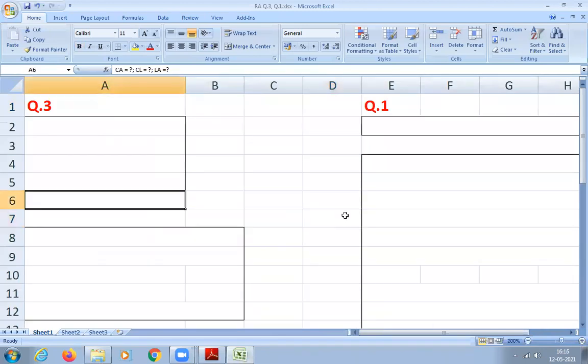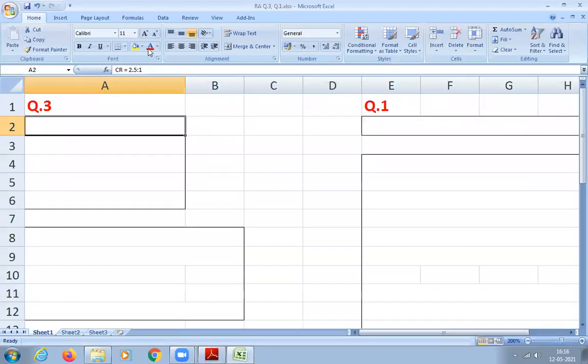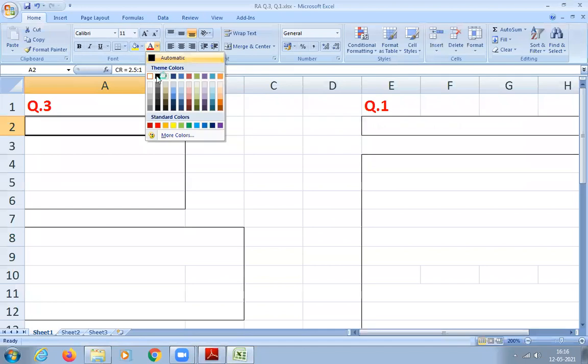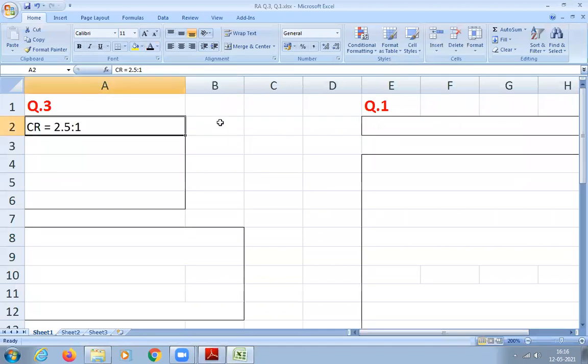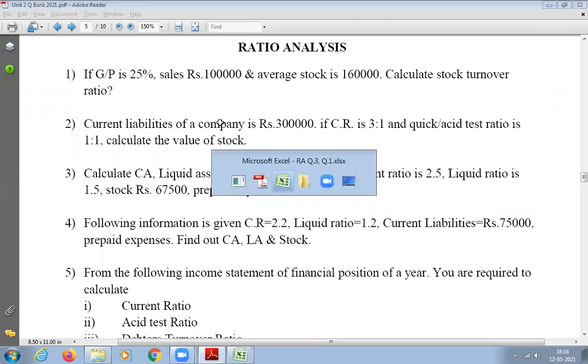First of all, write down what all is given. Current ratio is given. How much is given? 2.5:1. And then liquidity ratio is given as 1.5.